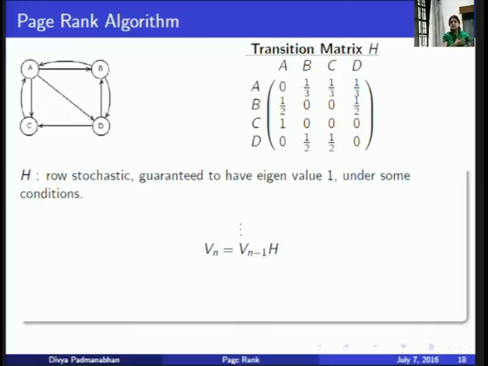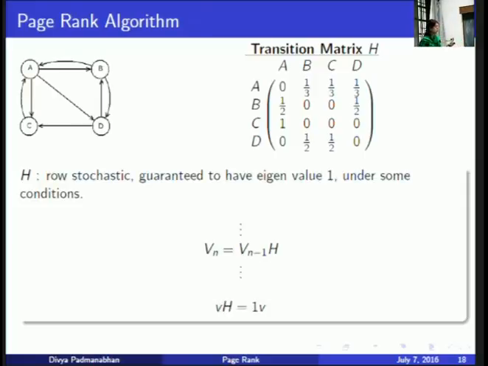Like in the previous case, we had the three kinds of people who converge to one point. Similarly here you want to see where this vector finally converges. That shows the probability of being at any of these pages in the long run over several time steps.